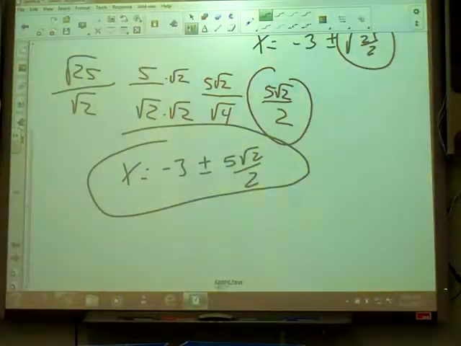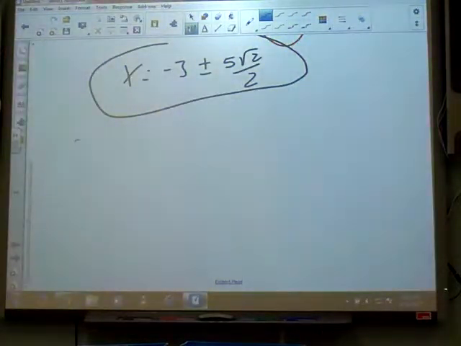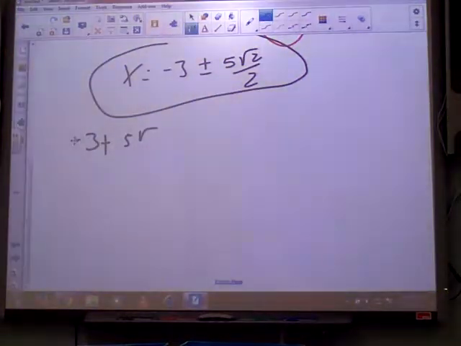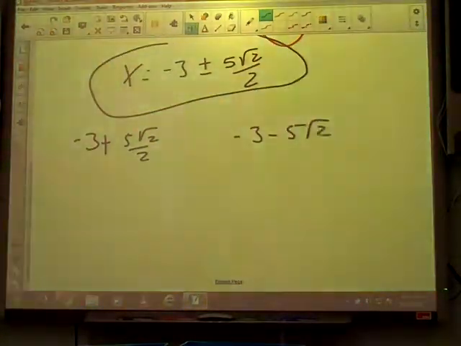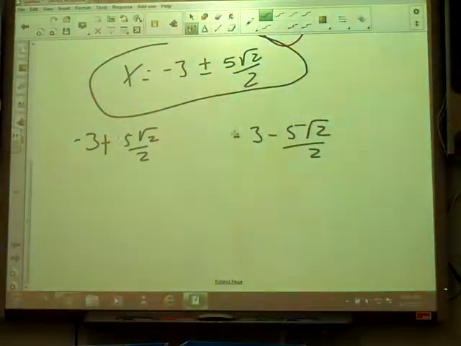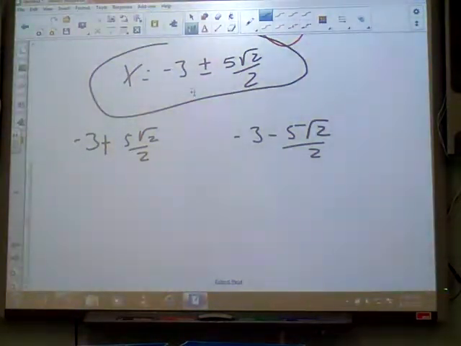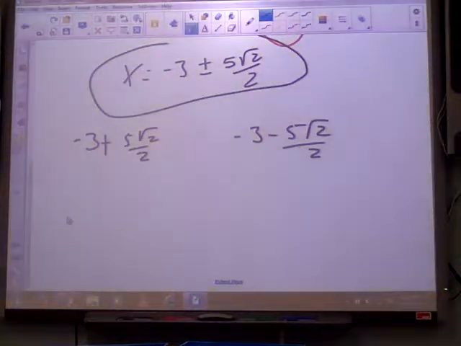If you wanted to write them out both ways, it's negative 3 plus 5 square roots of 2 over 2 and negative 3 minus 5 square roots of 2 over 2. So there actually are 2 answers to that. We just make ourselves look smarter by using the fancy plus minus symbol. Sometimes we try to trick people and make them think we're smart.